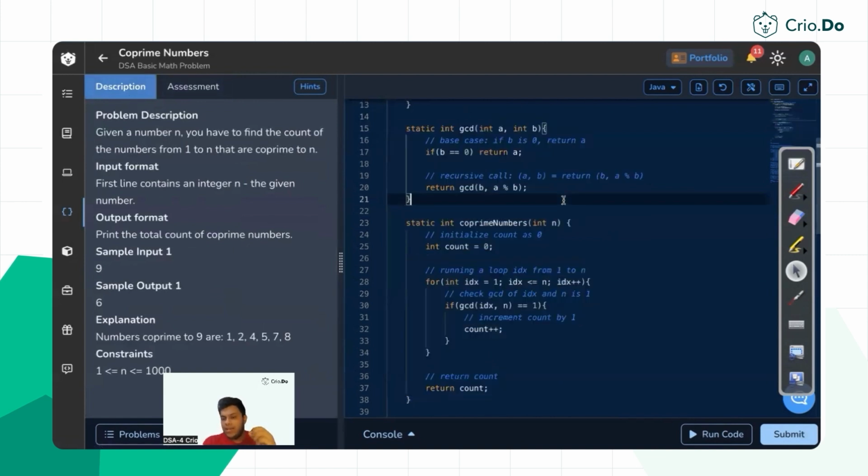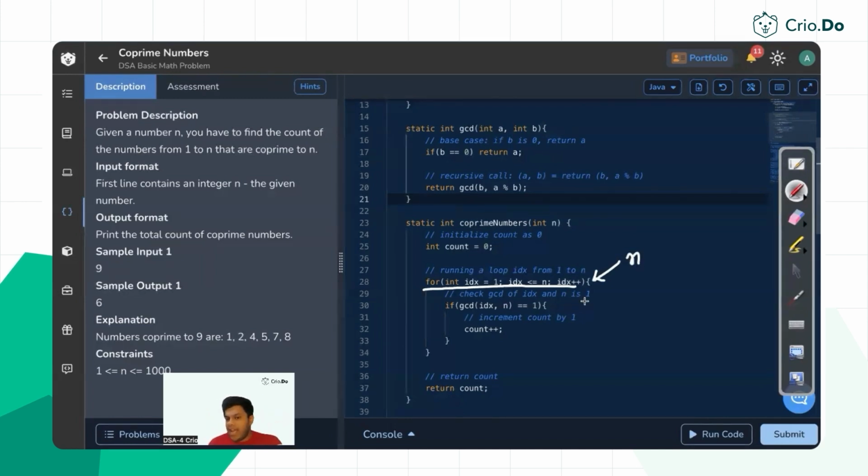The time complexity, before ending the video, let's discuss. First of all we are running a loop of n size, or you can say a loop from 1 to n, which is taking linear time, order of n. But inside that, if you think there are just if conditions, so time complexity is constant, then you're wrong. Why? Because inside the if condition, we are calling a function which is the GCD of two numbers.